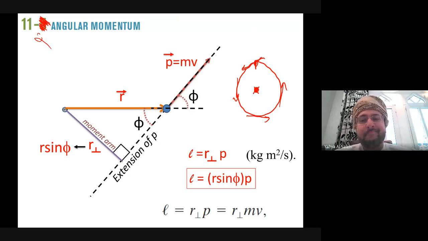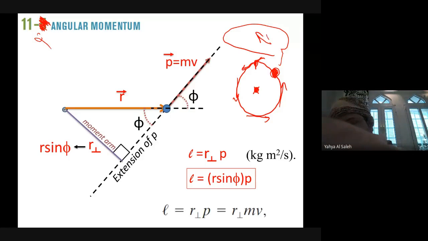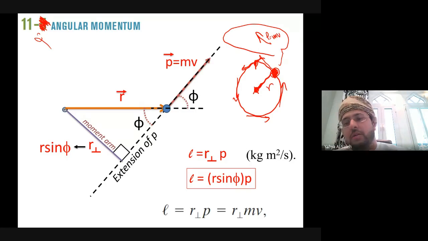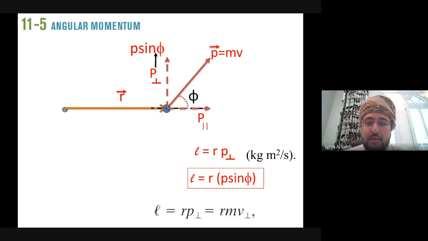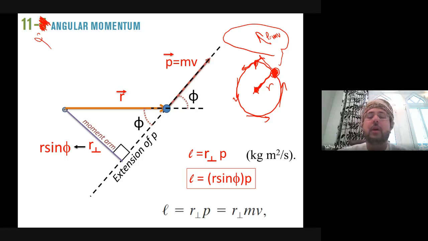Okay, so at each point, if we just take a look at one point and zoom in, this thing is going to be moving in this direction with P equals mv. But since this is P equals mv, it also has a moment r. Hence, we again translate, okay, angular momentum. We'll have two components.